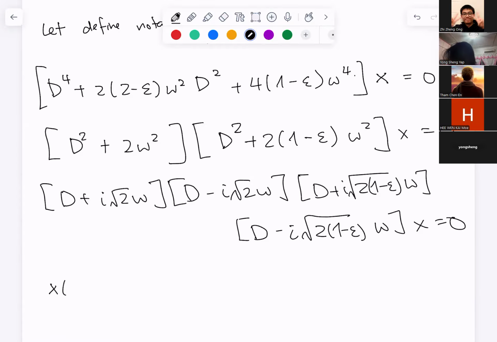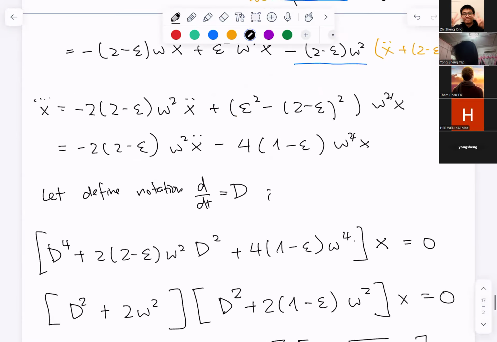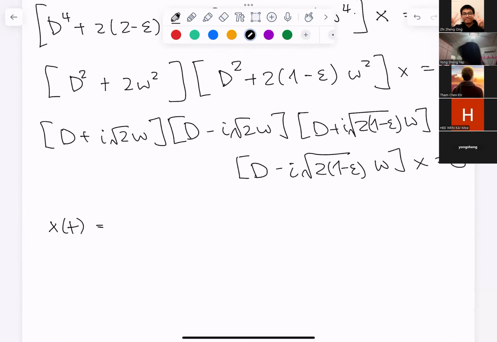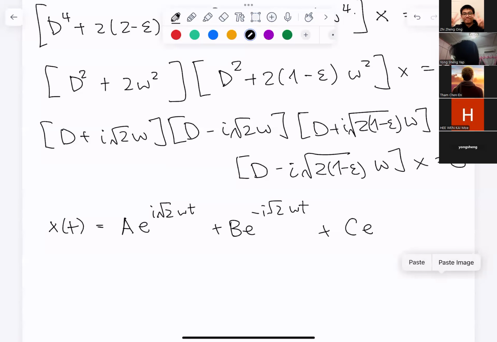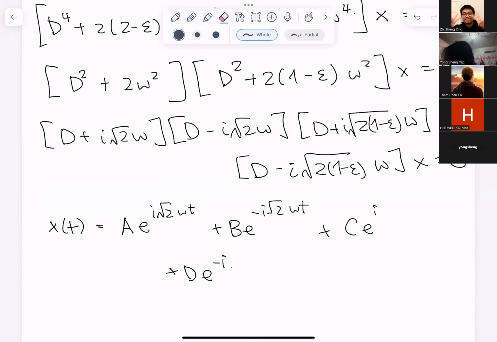So basically, x of t will be equal to some a e to the i square root 2 omega t plus b e to the negative i root 2 omega t plus c e to the i square root 2 1 minus epsilon omega t plus d e to the negative i square root 2 1 minus epsilon omega t.